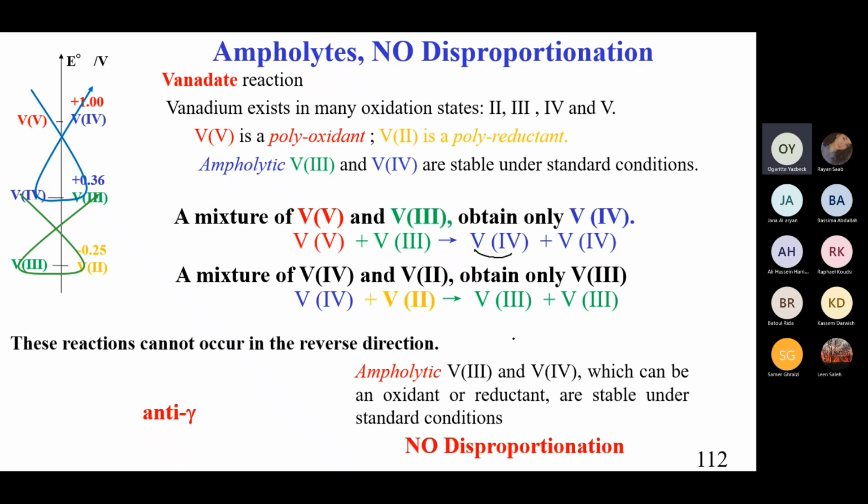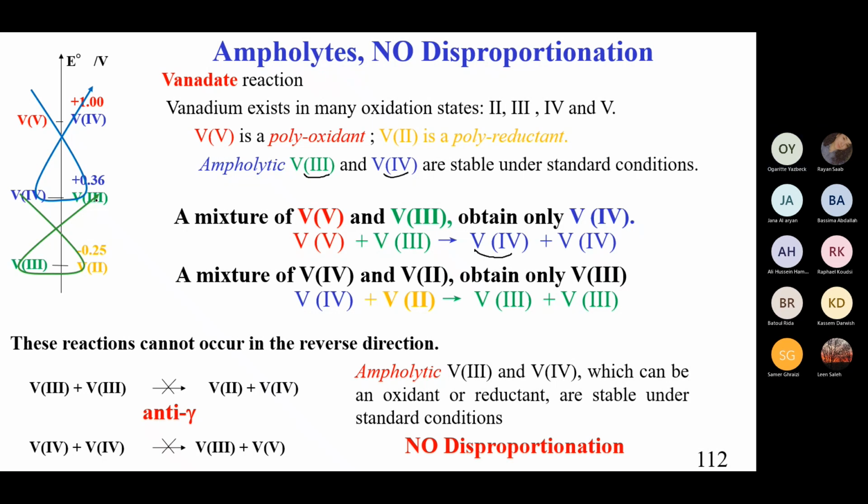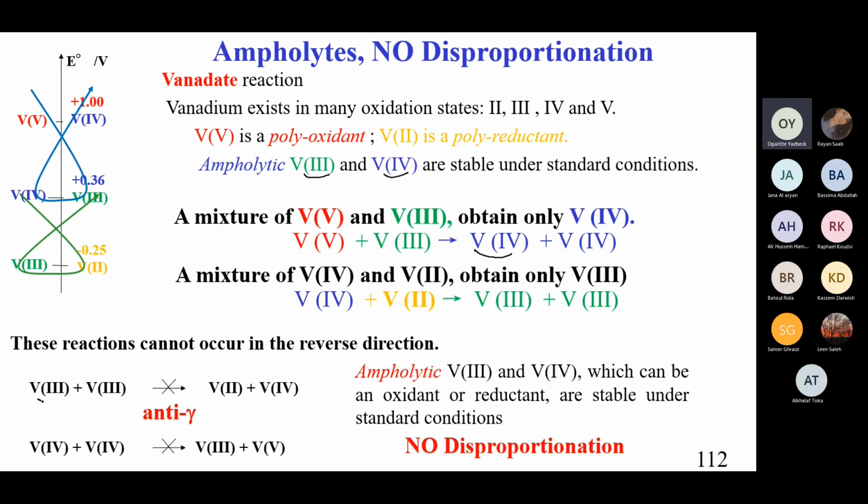Now let's see why vanadium 3 and 4 are actually stable while copper plus was not. If I look at vanadium 3 and I put it in a solution, will it react with itself? That's the question.